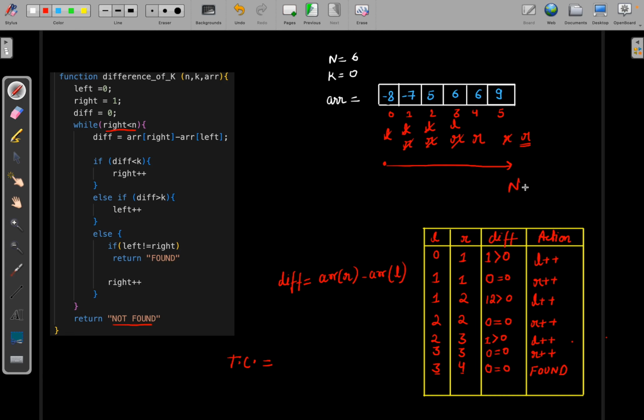So instead of n, it can be 2n, it can be 3n, but it still depends linearly on the size. So if there are 6 elements, the iterations can be 12, 18, but it can't be the square or cube of it. As your array size increases, your time also increases. So it is linearly dependent, and the time complexity will be big O of n.